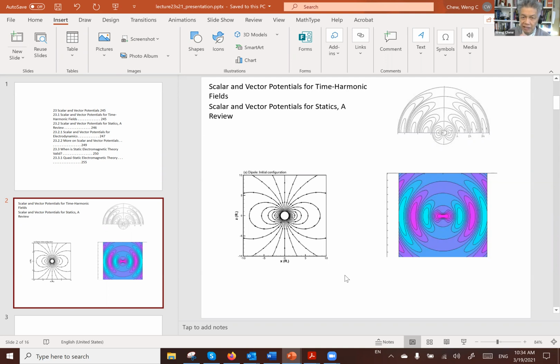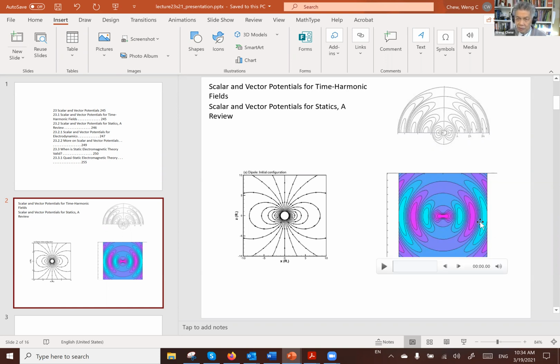So we can look at the left-hand figure. This figure is the electric field of an electric dipole very close to the source. In this field, it's not time varying.